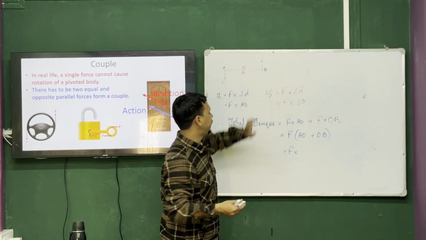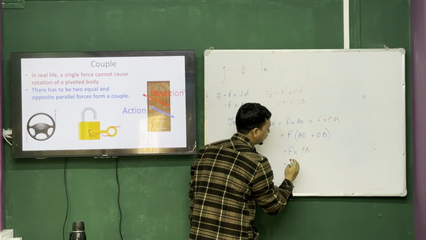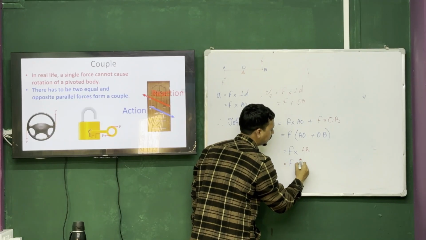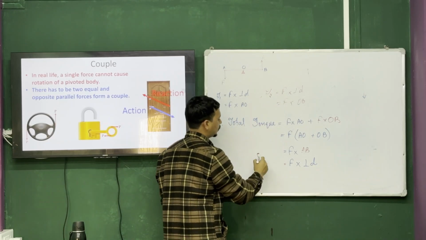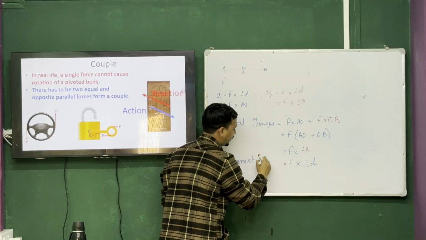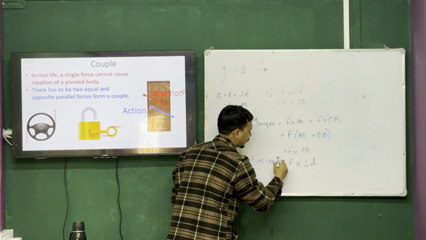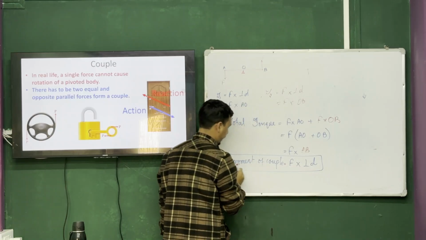AO plus OB is AB. So that means we can say again it's nothing but F into the perpendicular distance. This total torque is actually known as moment of couple, and that's the formula of moment of couple.